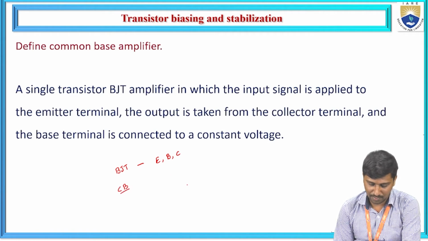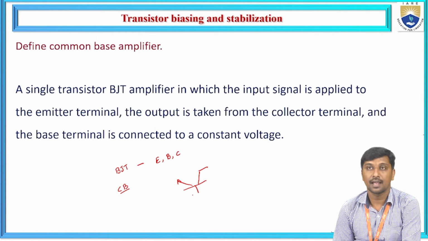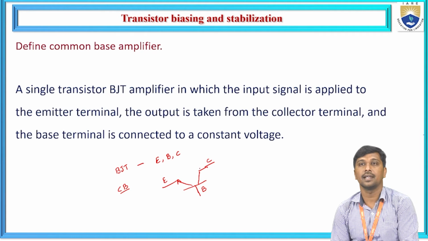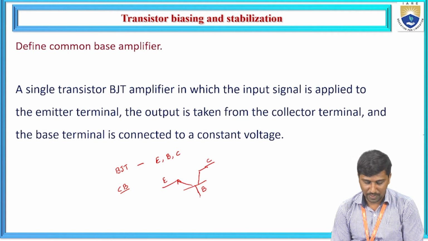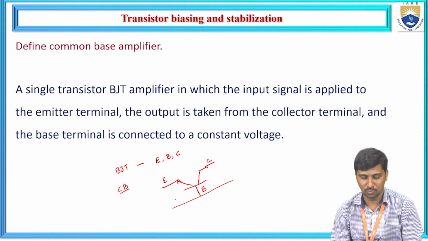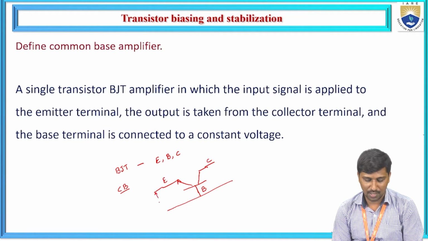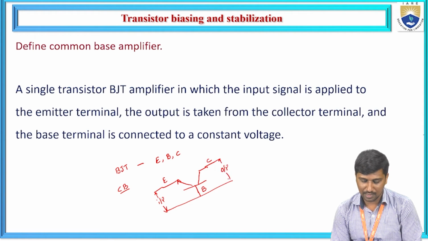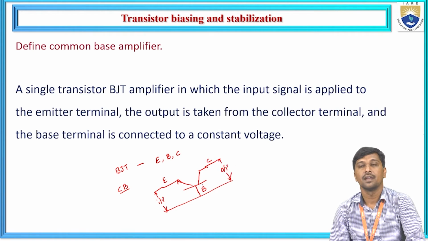Base is common; if I consider an NPN transistor, this is the base terminal, emitter terminal, and collector terminal. Base is common for the input side and output side. Here we pass the input signal between emitter and base, and the output is measured between collector and base terminal.